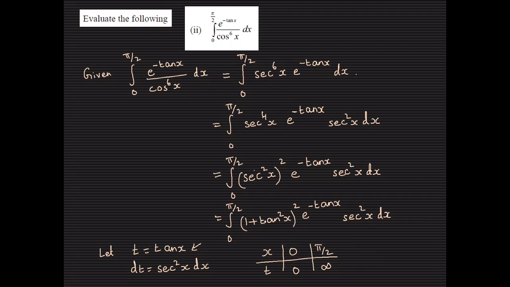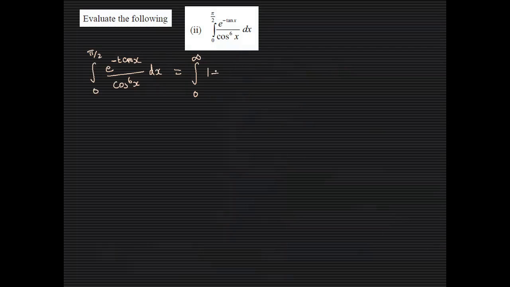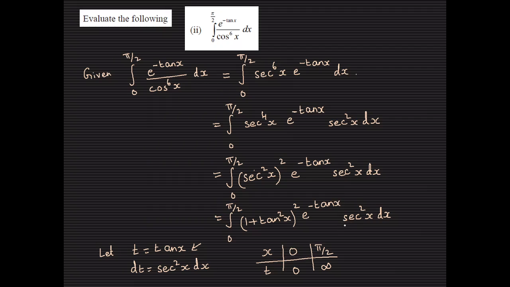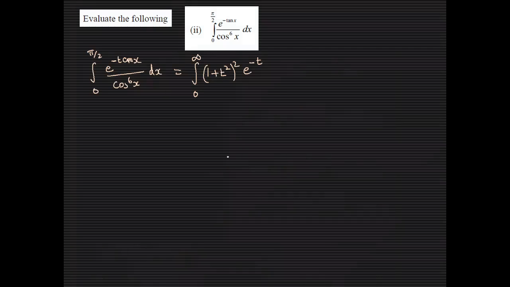Okay, and then 1 plus tan x is t, so 1 plus t square, the whole square, and then e power minus t, and then for this secant square x dx we can substitute dt. Okay, so that's why I put secant square x there.